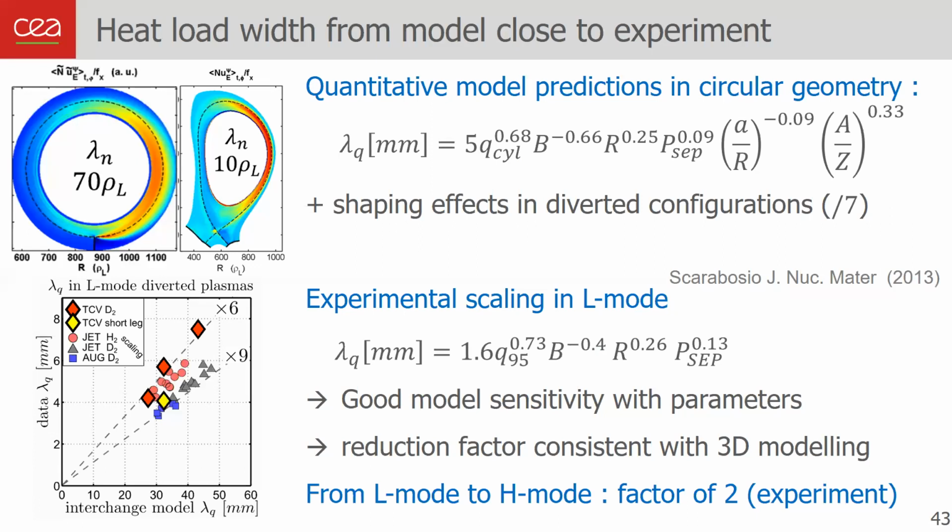I'd just like to have your feeling, because to me it seems a bit like comparing apples to oranges, in the sense that you're mixing two effects: the effect in itself, which is interesting, of geometry on the shear layer, the zonal flow strength that you get at the separatrix, and your prediction of the decay length.